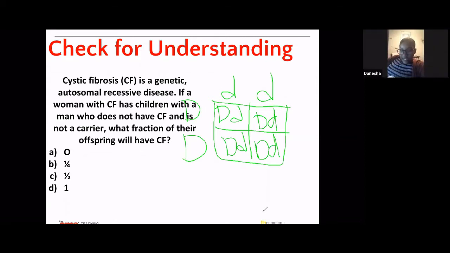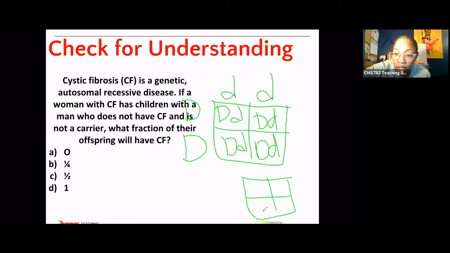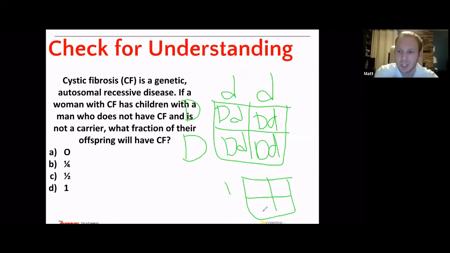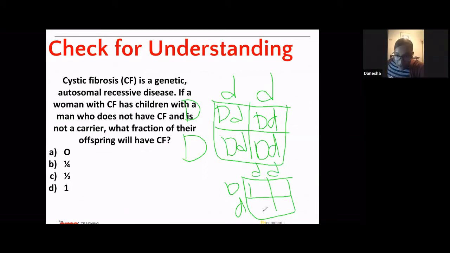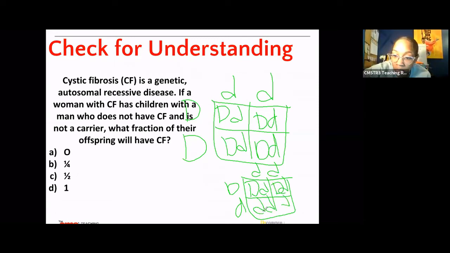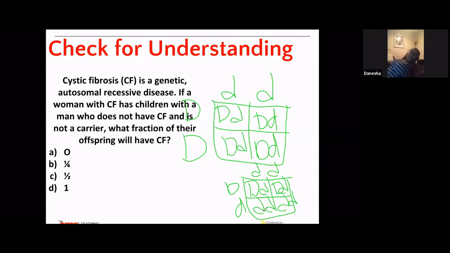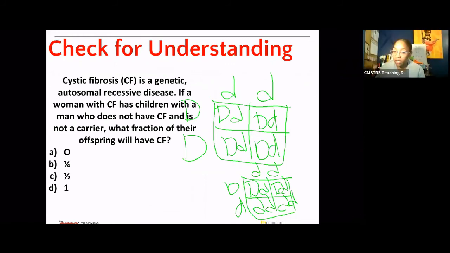If they married somebody that has it, their kids have a higher chance of developing it. Exactly. Say one of their kids would be big D, little d, and has children with somebody who does have the disease, they would end up with a 50% chance of their children carrying the disease.